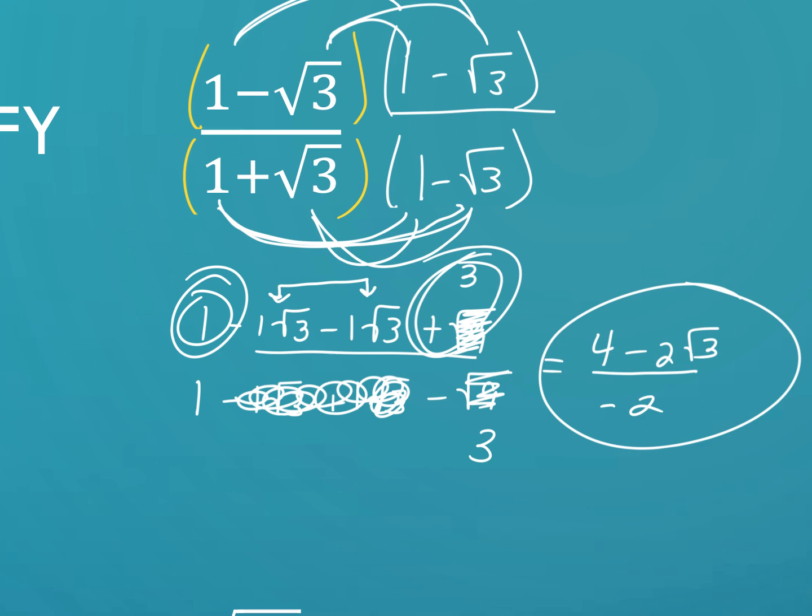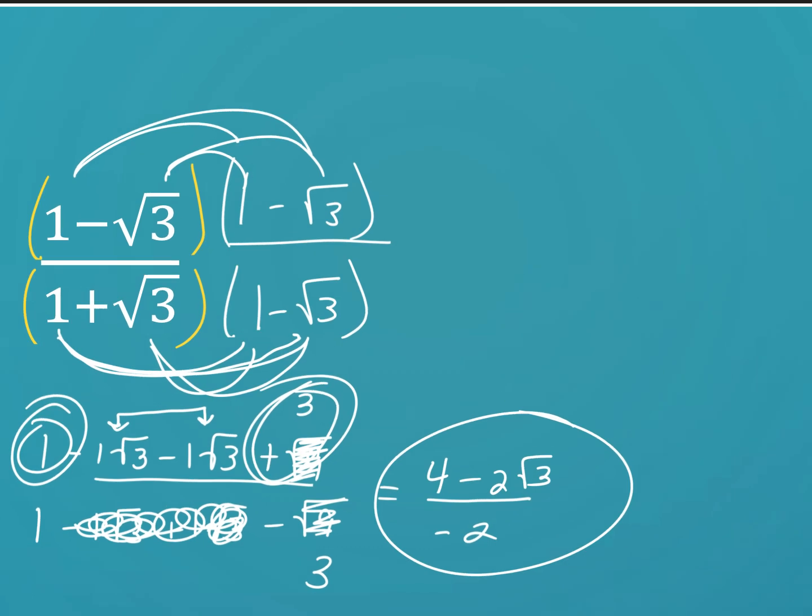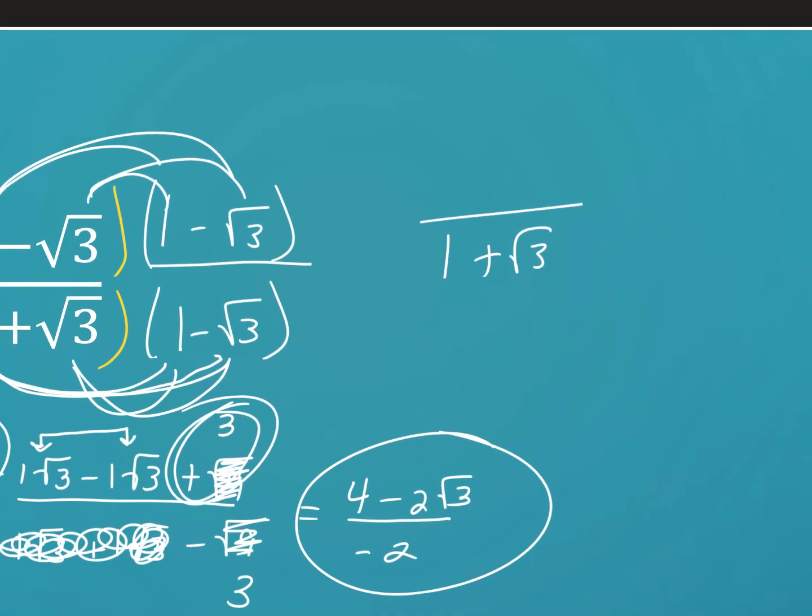How come when the radical 3 is by itself, you don't have to make it a negative, but when it's not by itself, you have to make it into a negative? Okay, that's a good question. Why do you have to use the conjugate? The question was, how come when you have a denominator of like 1 plus the square root of 3, you can't just say top and bottom square root of 3?